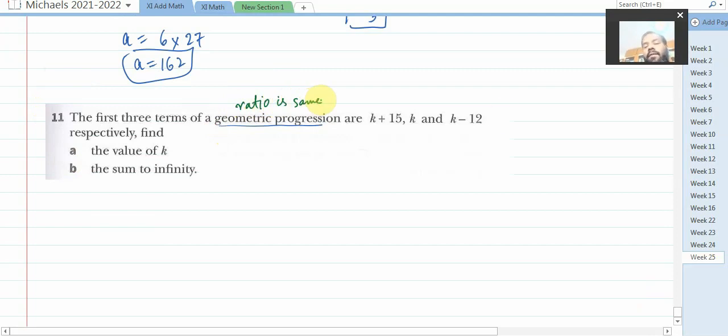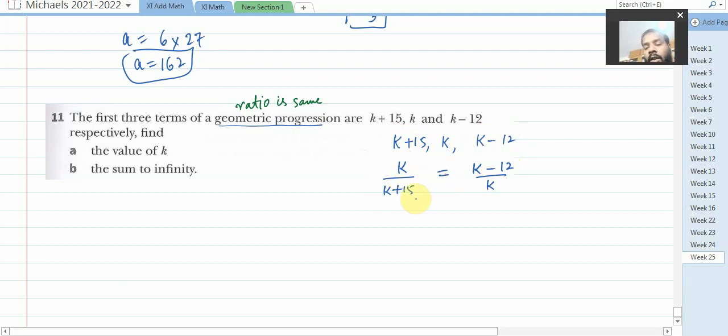So we have 3 terms here. The first is k plus 15, the second one is k, and the last one is k minus 12. If the ratio is the same, then k divided by k plus 15 equals k minus 12 divided by k, so they both must be equal. That is what I meant by ratio is the same.